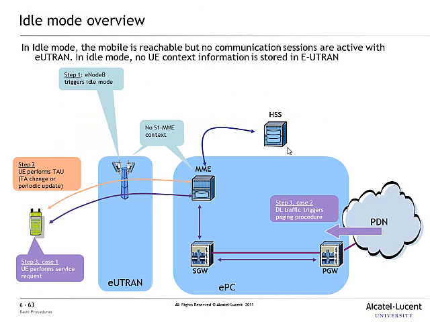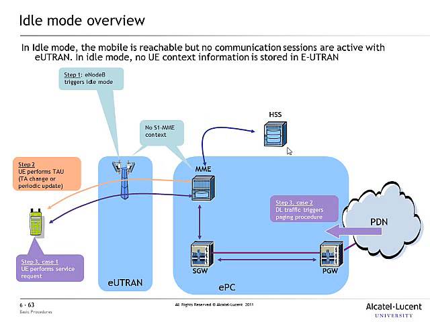As I said, I'm not planning to go into the details of each timing diagram, but a few things that we want to do is talk about idle mode. Remember, when we are in idle mode, the mobile is reachable, but no communication session is active.